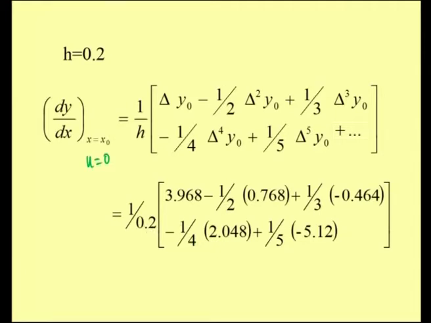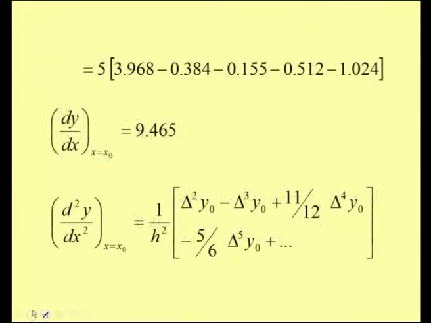1 by 0.2 into 3.968 minus 1 by 2 0.768 plus 1 by 3 minus 0.464 and 1 by 4 2.048 plus 1 by 5 into minus 5.12, and this value, that is dy by dx at x equal to 3, that is f dash of 3 is equal to 9.465.